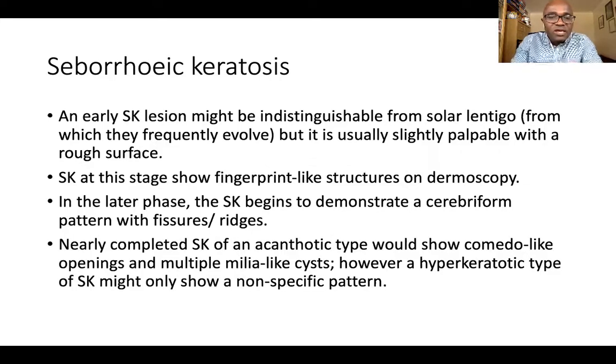A nearly completed seborrheic keratosis will demonstrate what we call acanthotic changes, where you have the comedone-like openings and multiple milia cysts, and so it just grows. But a hyperkeratotic type will only show a very non-specific pattern. It might just be dry crust, which might not be very clear, but the pattern and the history, when you look in dermoscopy, can tell you that the lesion you're looking at is a seborrheic keratosis.